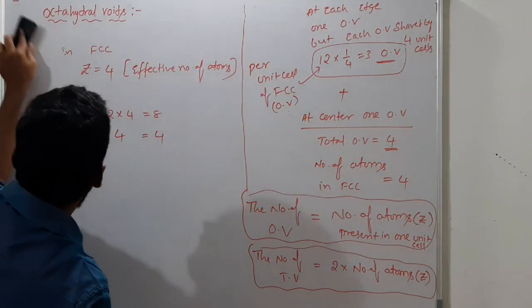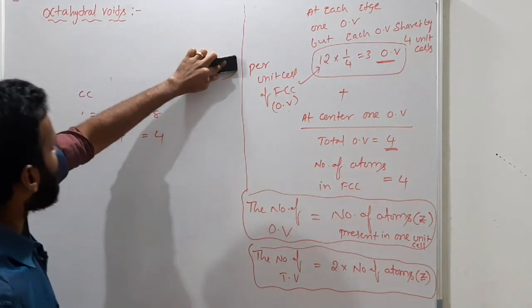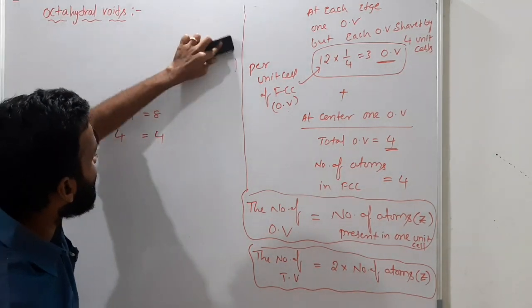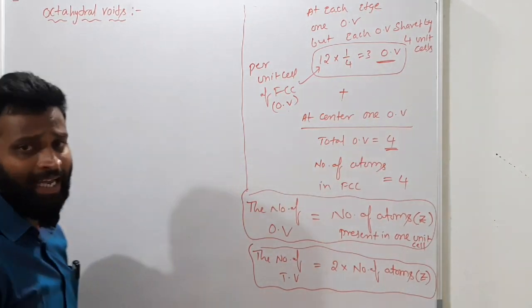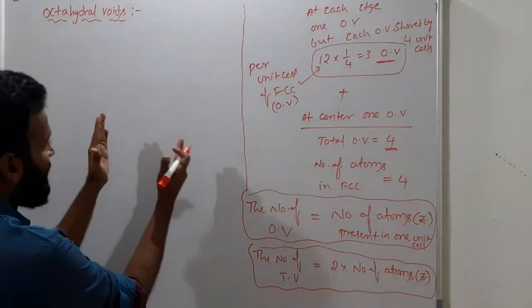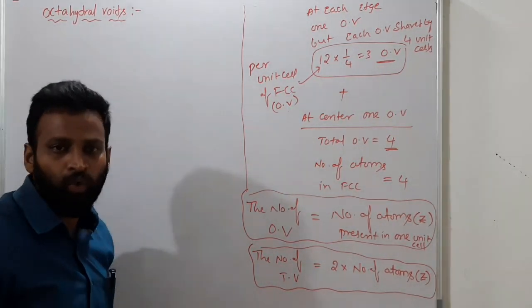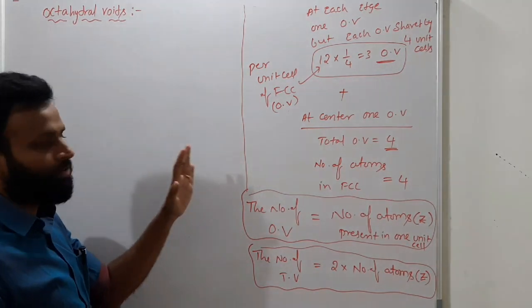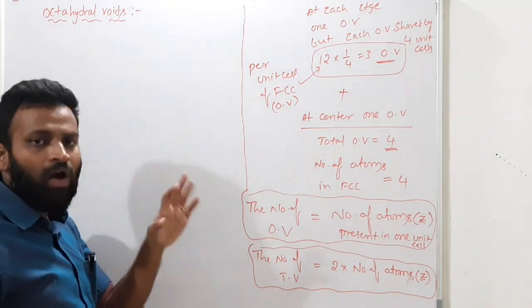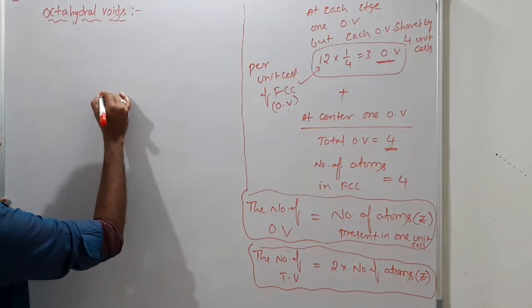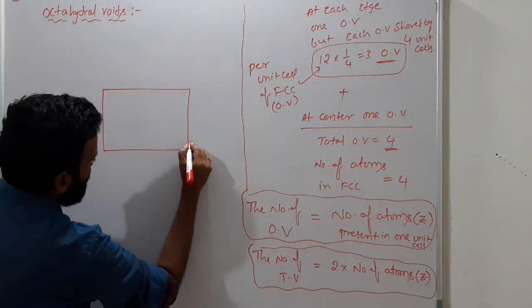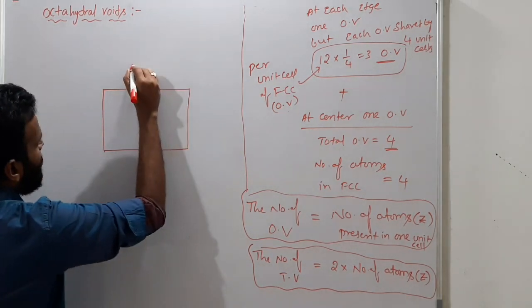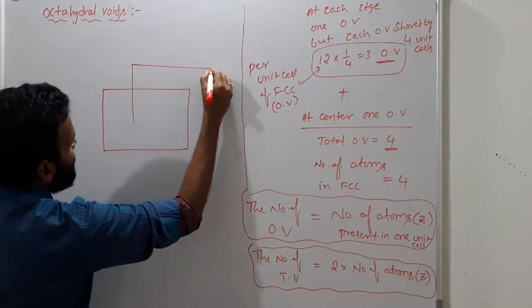Now I will show you how that octahedral void forms at the edge. I told you how the octahedral void forms in the middle. In every edge, how will the octahedral void form? Let's see. Again the same story, I am drawing one unit cell.